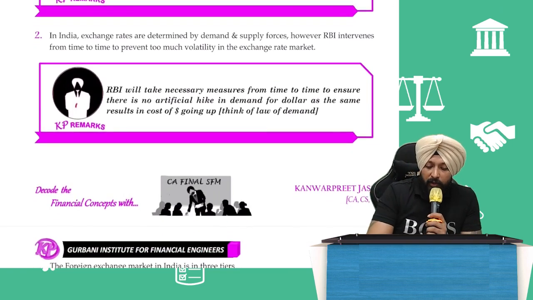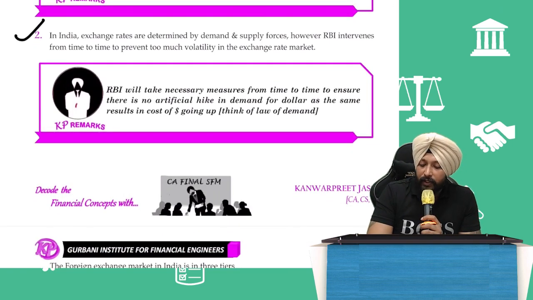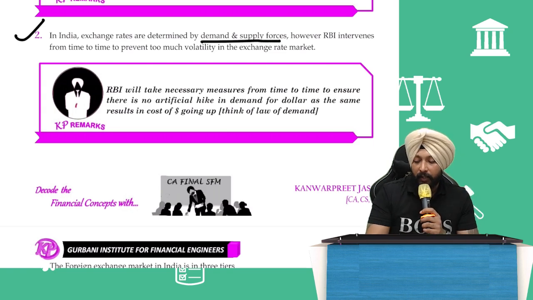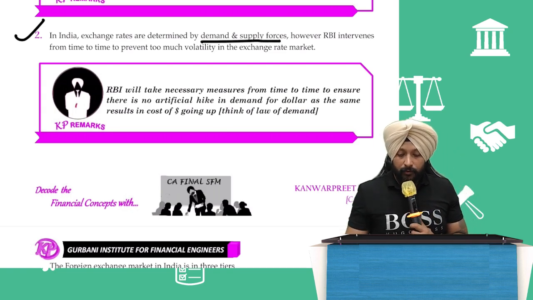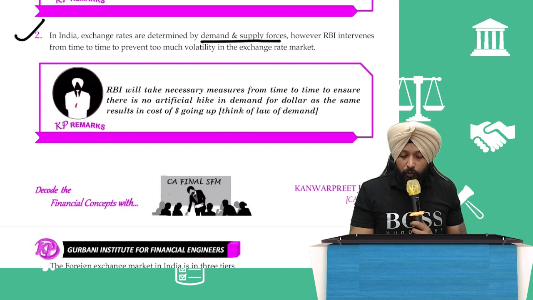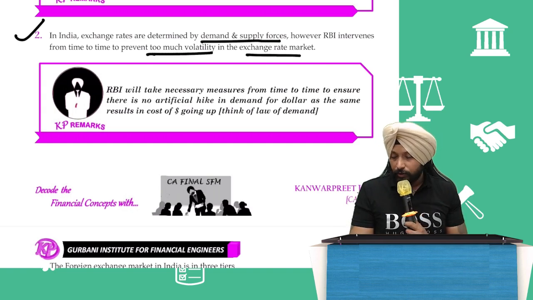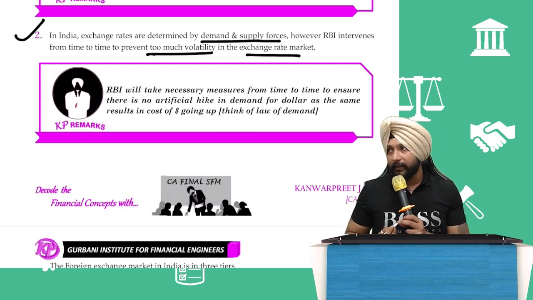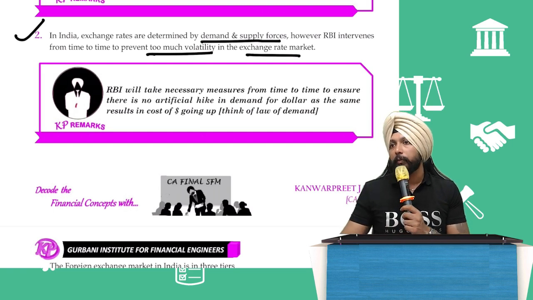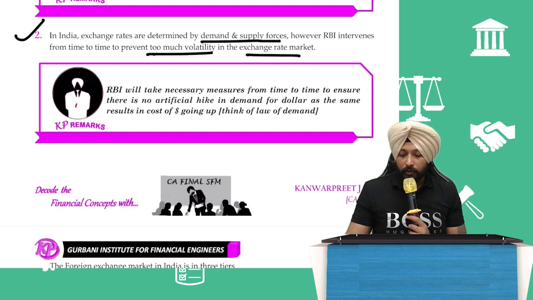I have told you point number 2 also. Let's read it. In India, exchange rates are determined by demand and supply forces. However, RBI intervenes from time to time to prevent too much volatility in the exchange rate market. RBI's intention is only one, that there should not be too much volatility in the market. Understood?